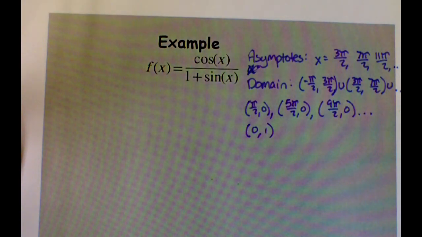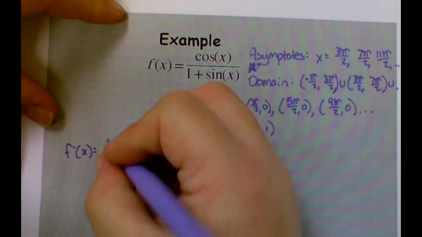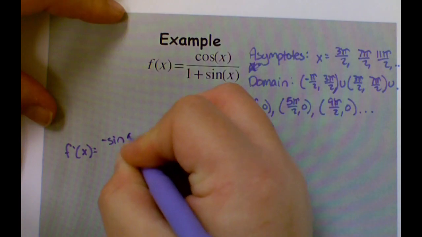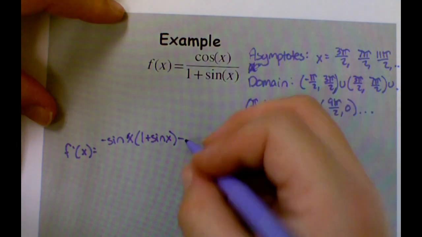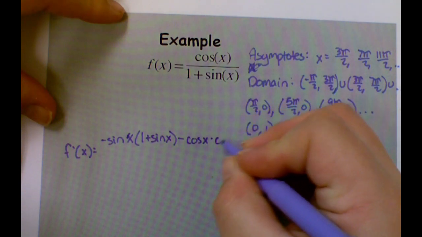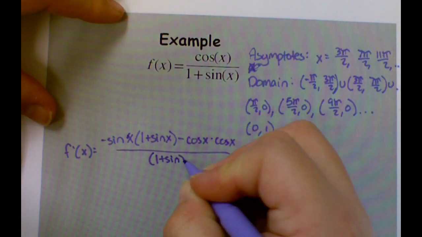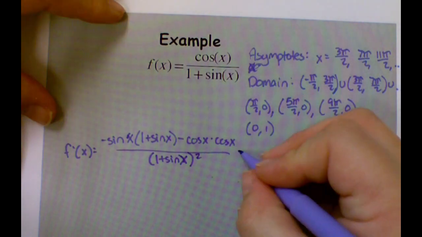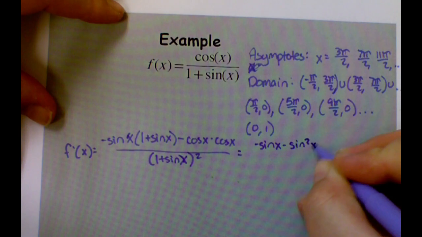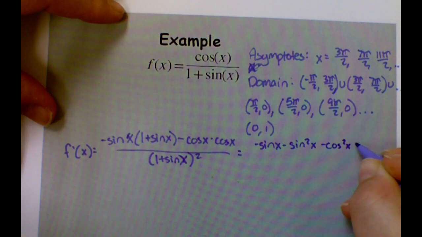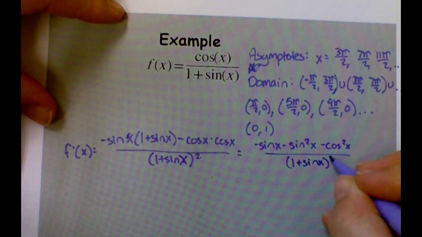And now we start in on our derivatives. So our first derivative of the top is negative sine of x times the bottom unchanged, minus the derivative of the bottom, which is cosine of x, times the top unchanged, all over the bottom squared, which becomes negative sine of x minus sine squared of x minus cosine squared of x over 1 plus sine of x squared.